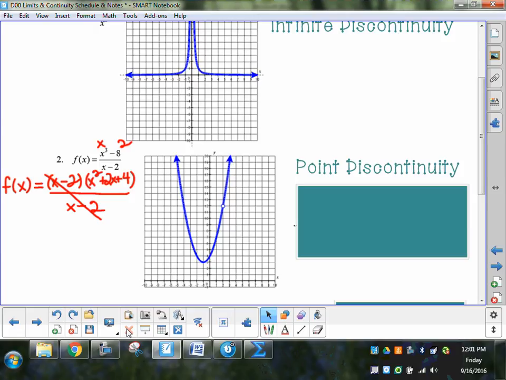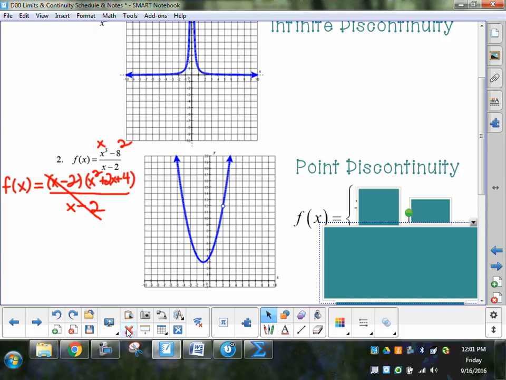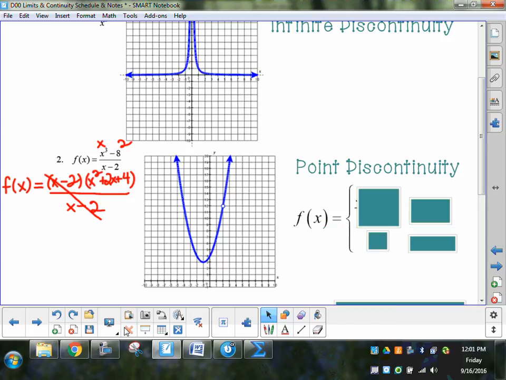I can build a piecewise function that will solve this problem. Here's the first piece of the piecewise function. It's going to be equal to the original everywhere but what value? 2. We need to find something that I can plug in to make this a smooth curve.